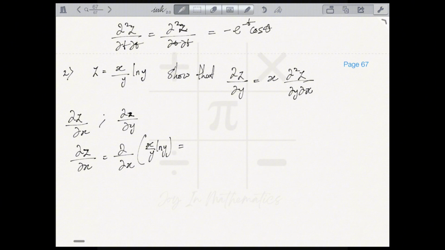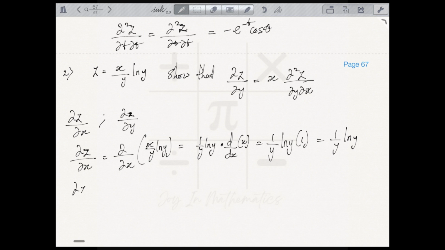And that means we have 1 over y ln y multiplied by the full differential of x with respect to x. That will give us 1 over y ln y of 1, and our answer will be 1 over y ln y.